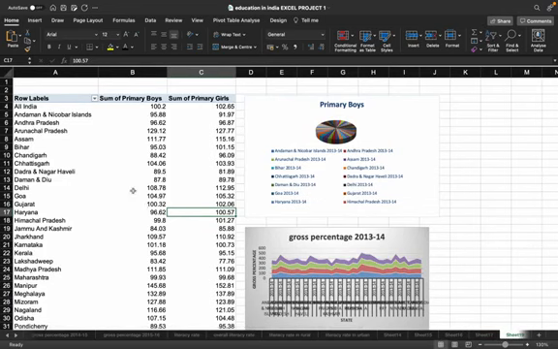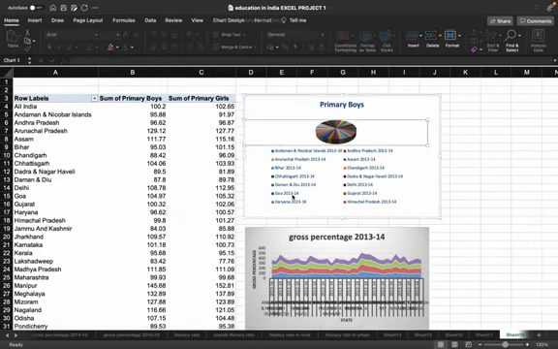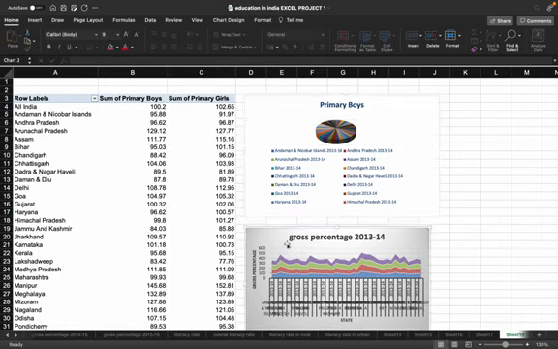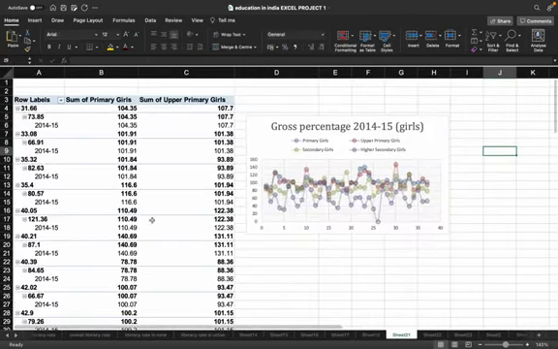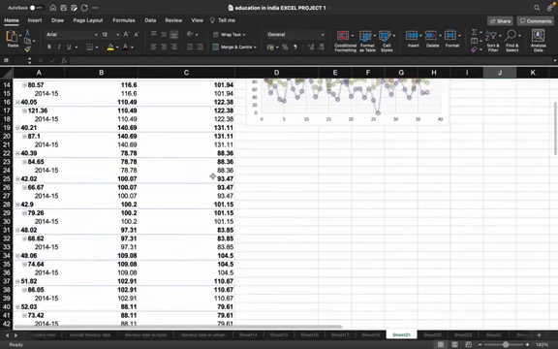The pivot table, chart, pie chart and pivot chart for gross percentage between 2013 and 14. Next, the pivot table and chart for gross percentage between 2014 and 15 for girls.